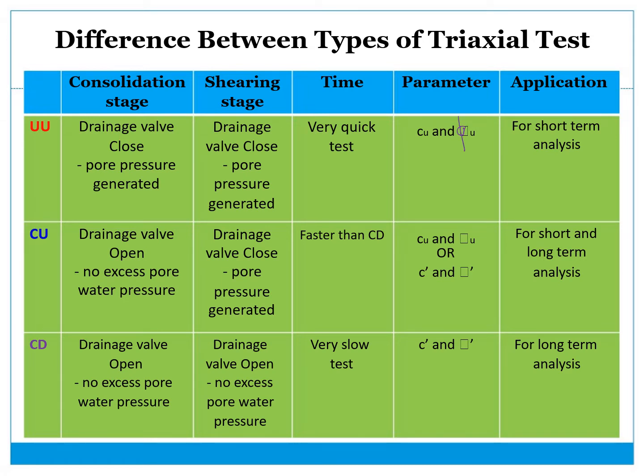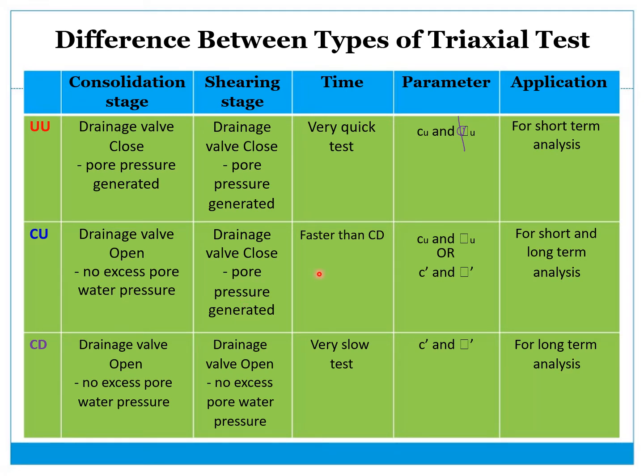The parameters taken from the test are Cu and phi u, the angle of friction. All right, now we go for the CU. The drainage valve is open for the consolidation stage, but there is no excess pore water pressure. In the shearing stage, we close the drainage valve and pore pressure is generated.